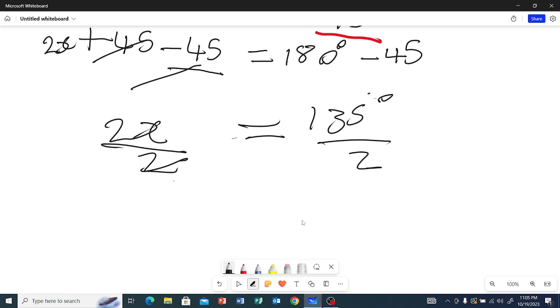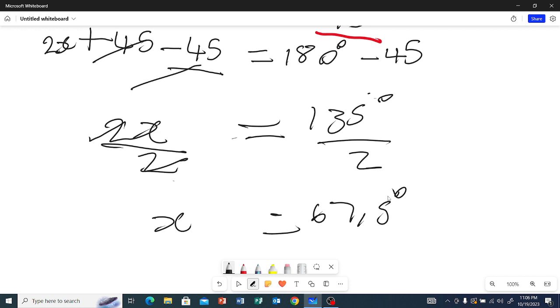So 135 divided by 2. 130 divided by 2 is 65, and then the remaining 5 gives 2.5, so the value of x will be 67.5 degrees. That is the value of x, and the problem is answered. Remember, your problem said find the value of x.